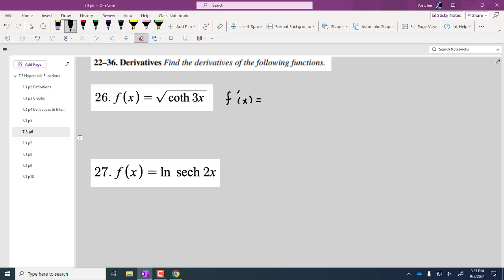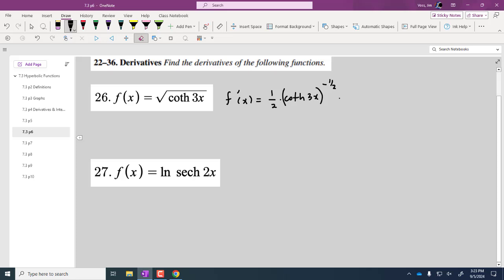So the first step here will be 1/2 times hyperbolic cotangent, also known as coth, of 3x, all to the negative 1/2. So 1/2 coth 3x to the negative 1/2. That's the first part. That's the power rule part.